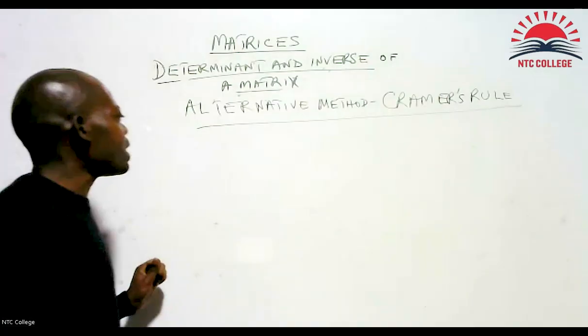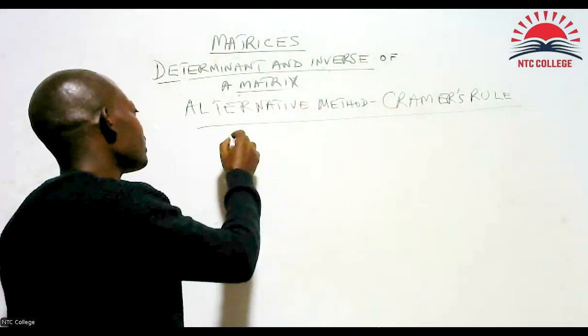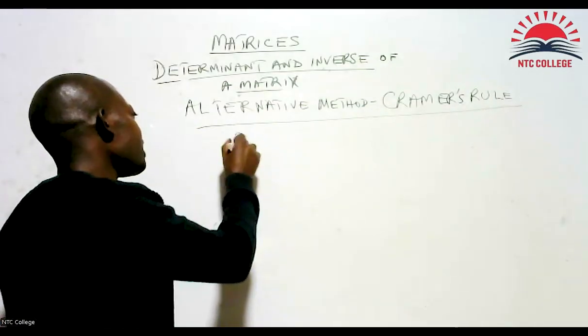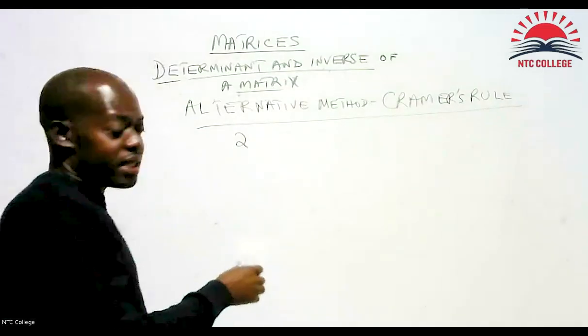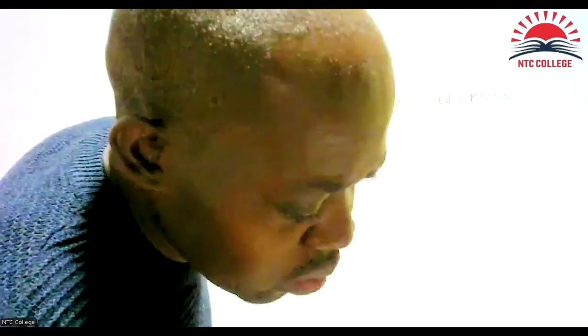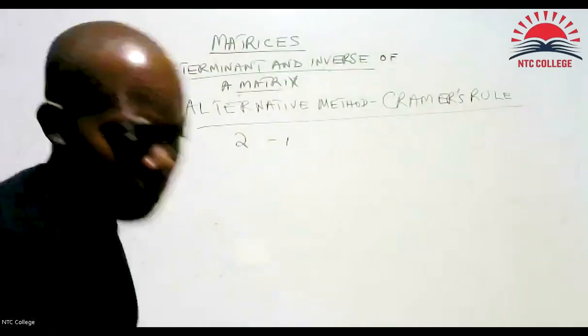So without repeating, we obtain our matrix. First of all, we must form the matrix. You remember the question as it was given, the simultaneous equations, obtain the matrices. So I'm just going ahead from the matrices, how we obtain them. The obtained matrices were 2, -1, 1 and 3. I hope that is the original matrix.